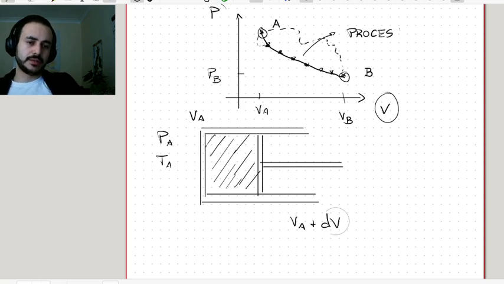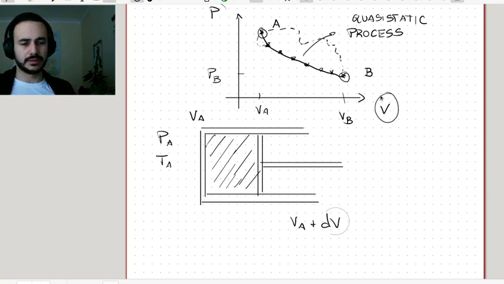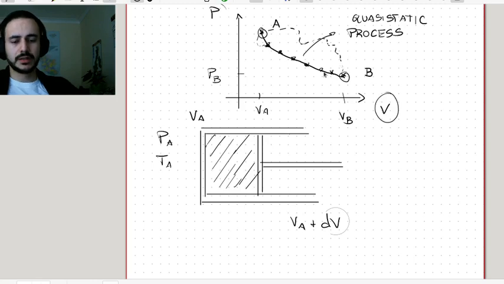This is not just any process; this is a quasi-static process. A quasi-static process is a process in which each of the individual states that the system is in is a state of thermodynamic equilibrium. This kind of process, just like a perfectly insulating or adiabatic boundary, is an idealization, but a very useful idealization. Most of the thermodynamics that we are going to see is going to be about quasi-static processes.